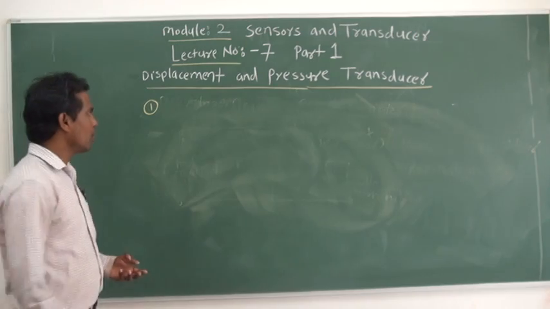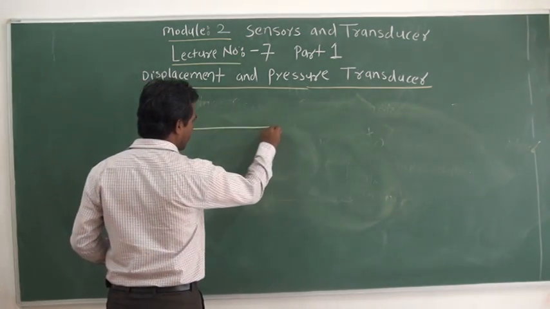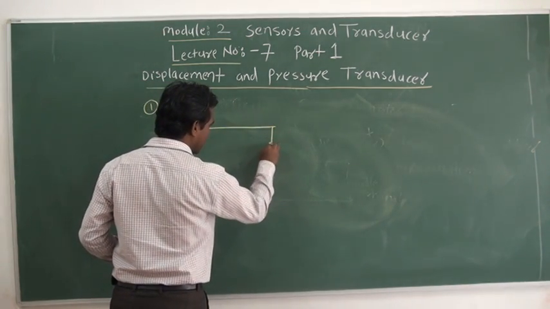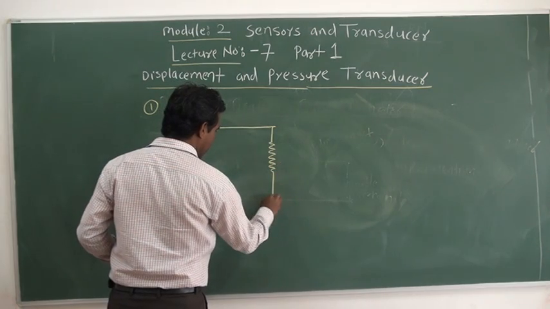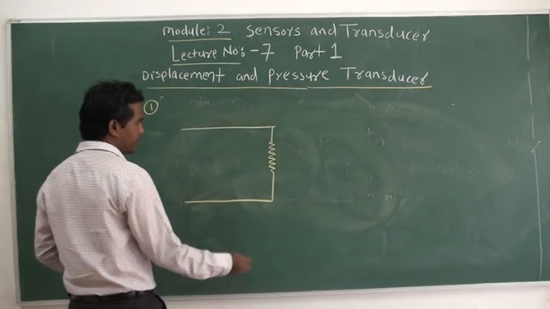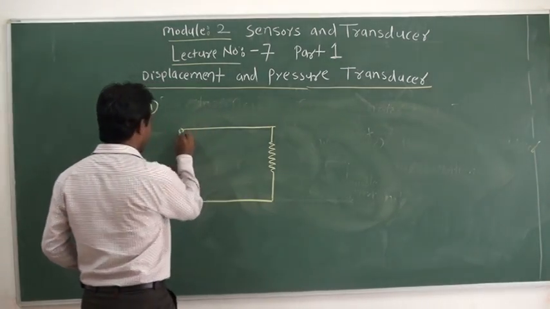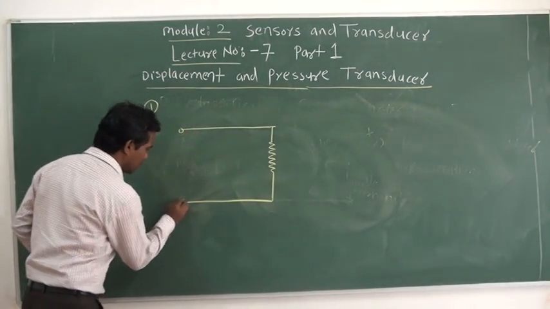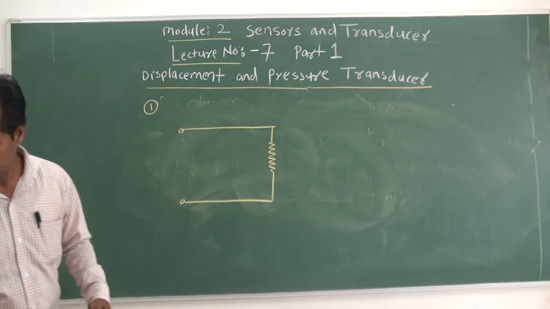Now see the block diagram for the translation potentiometer. Here is the fixed terminal.